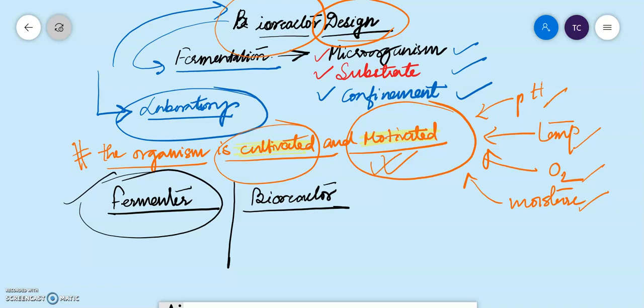It is also a confinement for your fermentation, but not in that broader sense. Bioreactor is in a broader sense. Like you can also go for a plant bioreactor, an animal bioreactor, apart from the microbial bioreactor. So bioreactor is a broader aspect than your fermenter design, and fermenter is basically confined to the microorganisms, the prokaryotic world, for the production of industrially important compounds.